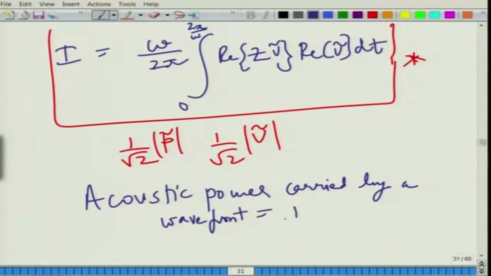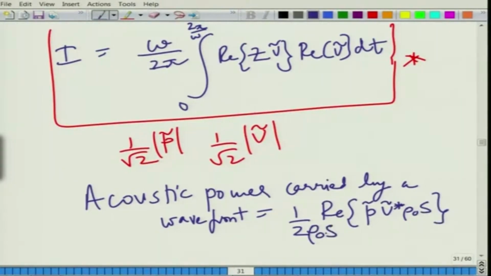We will use quite frequently the acoustic power carried by a wave front as half into real part of P into U star, complex conjugate. Now, if we multiply this by the density and divide by density rho naught, and then multiply this by cross sectional area and also divide the denominator by S, the cross sectional area, we are going to get the acoustic power.